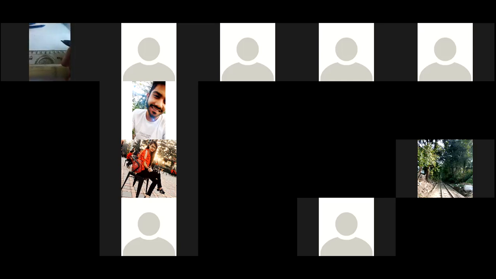We will divide it into 10 equal parts. Clear? Is it visible?